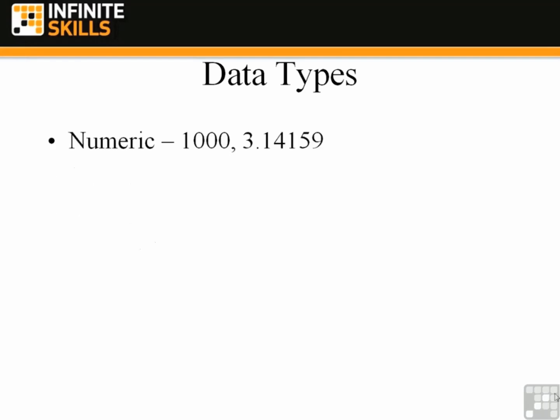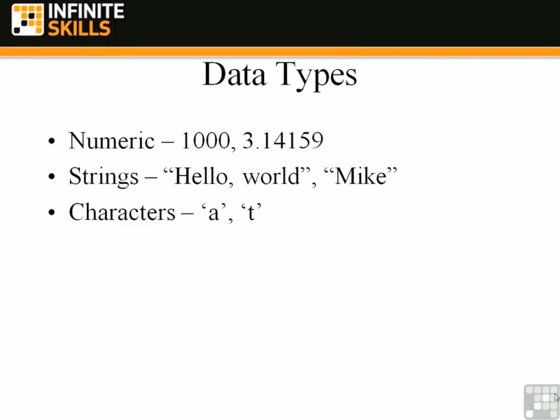Next, we're going to talk about the types of data types that you find in C#. First, you have numeric data types that store numbers such as 1000 and 3.14159. You have strings such as hello world or the name Mike. Characters, which are individual letters or numbers, or even symbols.